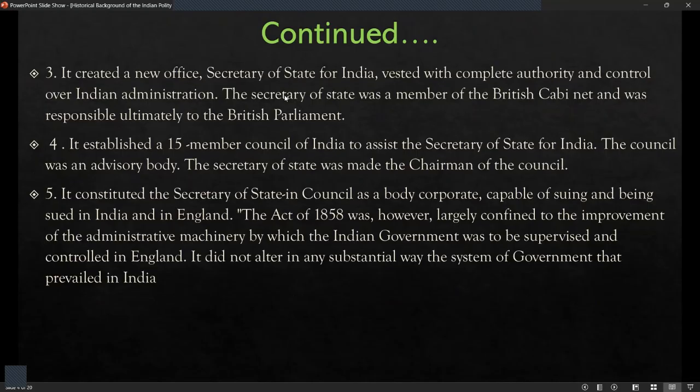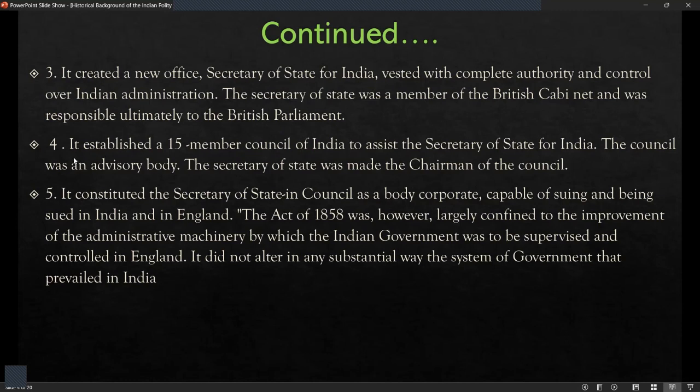He was a member of the British Cabinet, and was responsible to the British Parliament for whatever was happening in India.